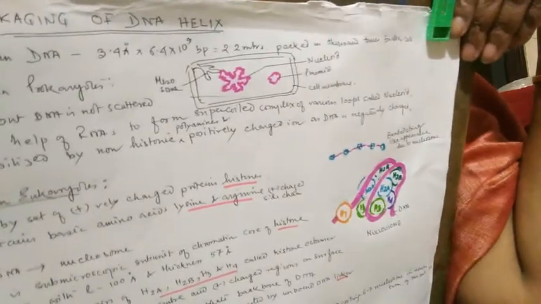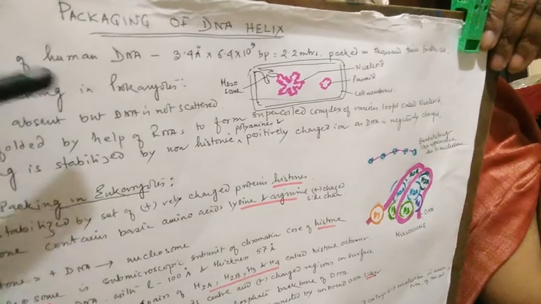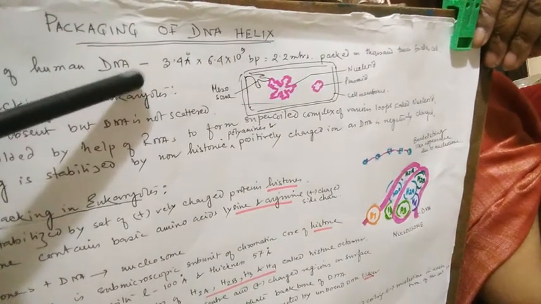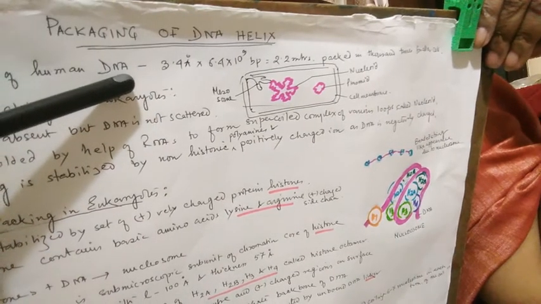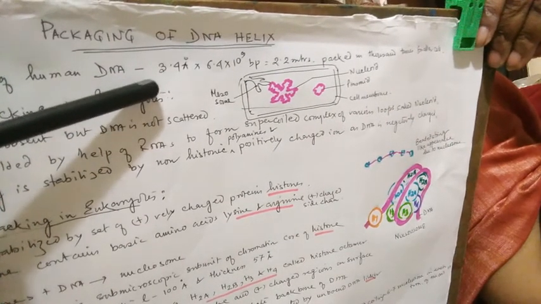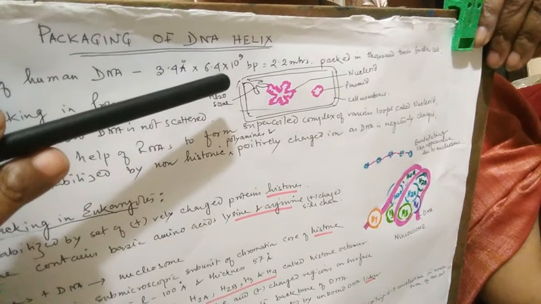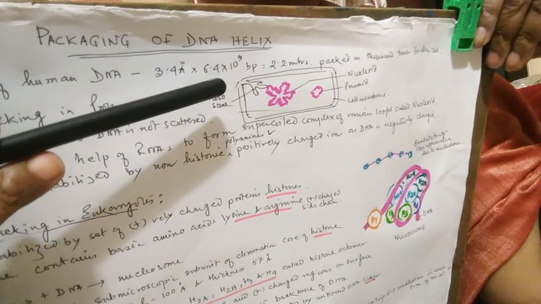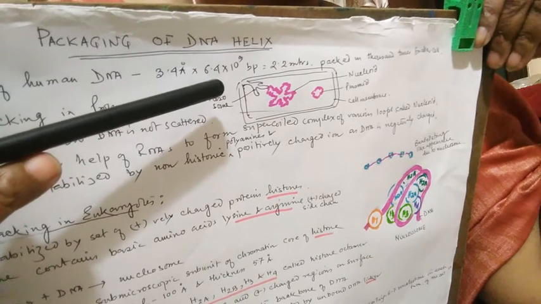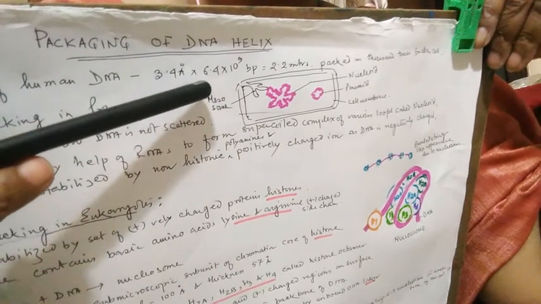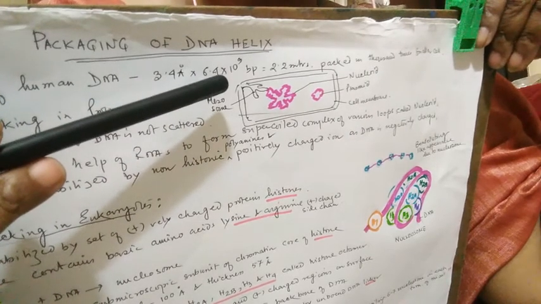Now today we are going to discuss how this DNA is packaged. When we talk about the length of human DNA, in the haploid set of chromosomes, it is 6.4 times 10 to the power 9 base pairs.